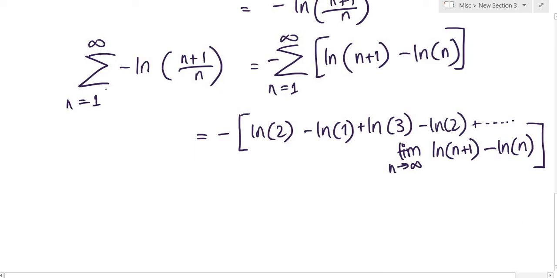Because our n was running from 1 to infinity, right? So now notice that all these preceding terms are going to cancel out. We're going to have a negative natural log of 1, and then this nth term gets cancelled off with this ln of n minus ln of n minus 1 term, and then this gets cancelled with the previous term.